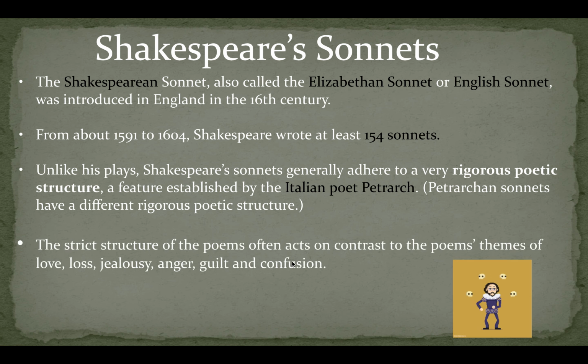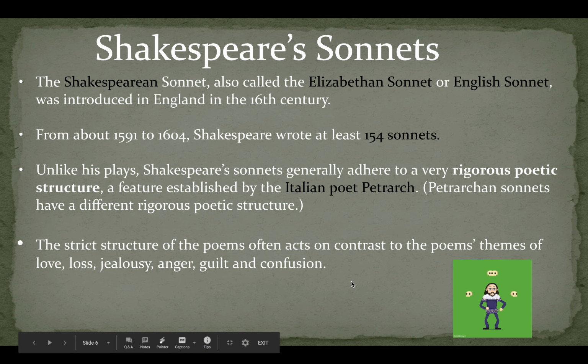Now, this is a very strict structure, but the themes that it's dealing with are often a little deeper and not quite as structured. So we can deal with themes such as love, loss, jealousy, anger, guilt, confusion, all of these things in a very structured poem. And there he is dancing.